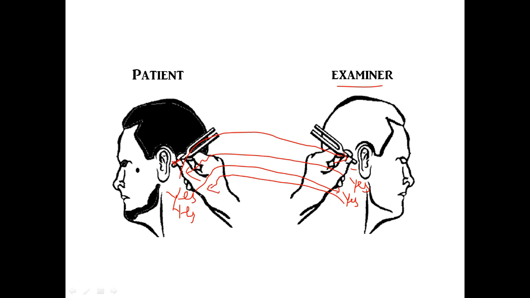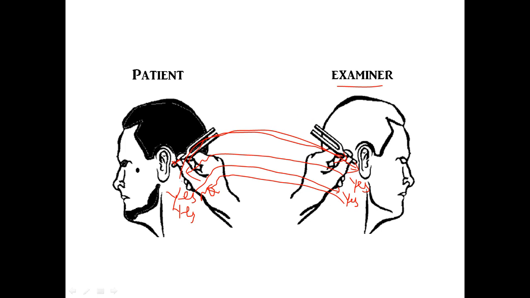Now if the client says no, immediately the examiner will check whether he is able to hear. If the examiner also cannot hear, that means both patient and examiner stopped hearing at the same time, which most probably means normal hearing. We will discuss the interpretation.